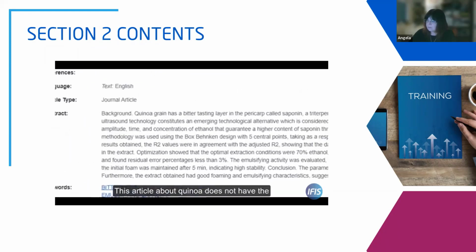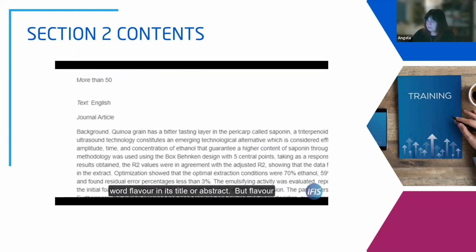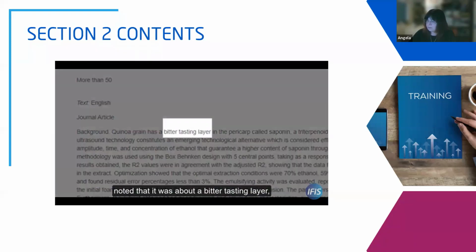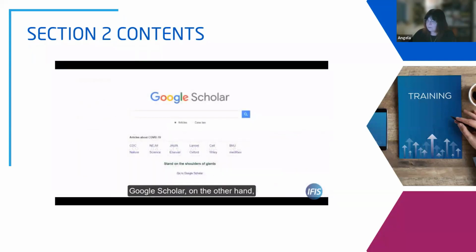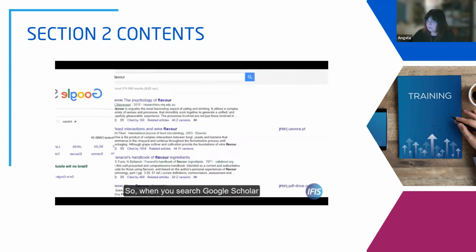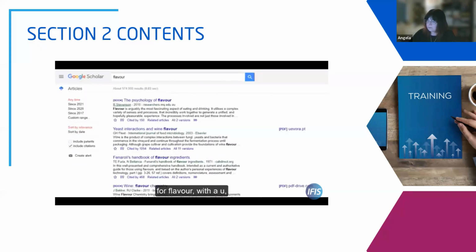This article about quinoa does not have the word flavor in its title or abstract, but flavor has been assigned to it because the indexer has noted that it was about a bitter tasting layer, which is another way to describe flavor. Google Scholar, on the other hand, has no controlled vocabulary. So when you search Google Scholar for flavor with a U, you get one set of results.